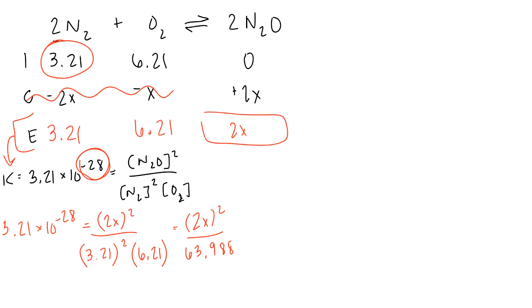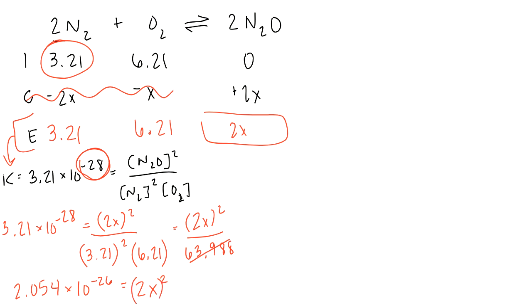That will get rid of my 63.988. So 3.21 times 10 to the negative 28 times 63.988, and we end up with 2.054 times 10 to the negative 26 equals 2x squared.